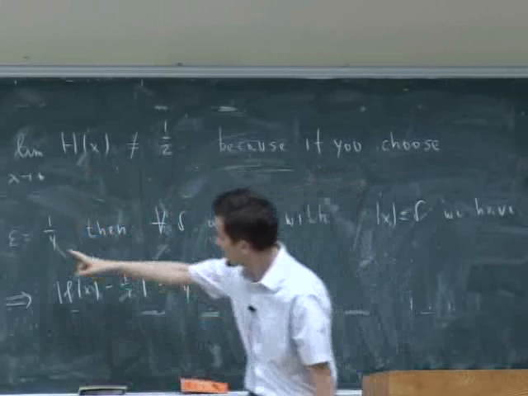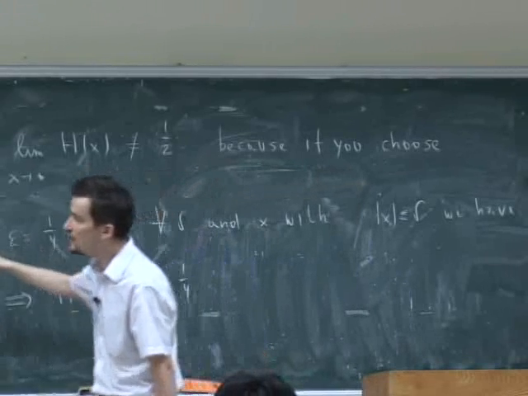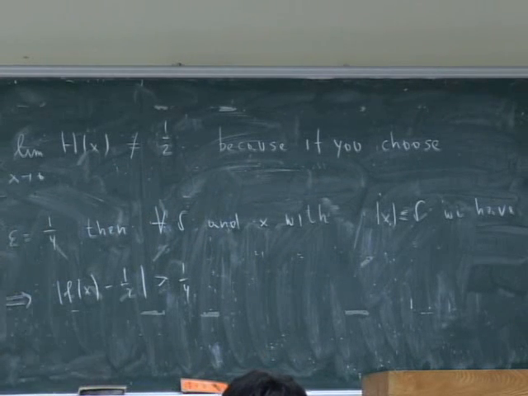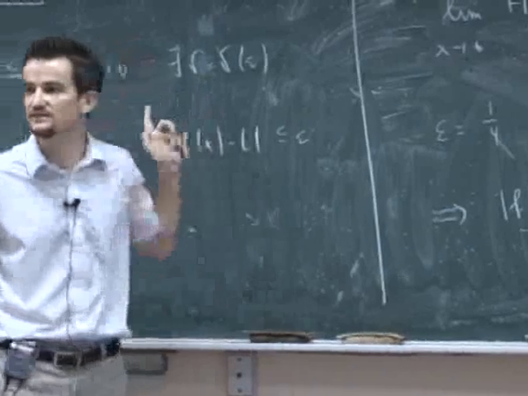So this epsilon will violate this definition because for this epsilon you cannot find the delta. This is the main thing.